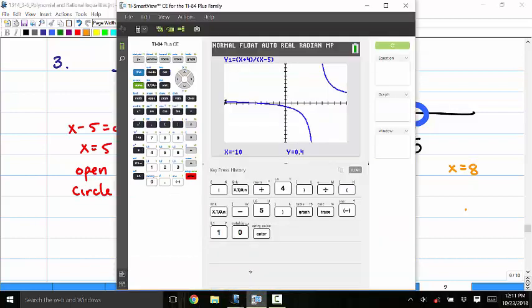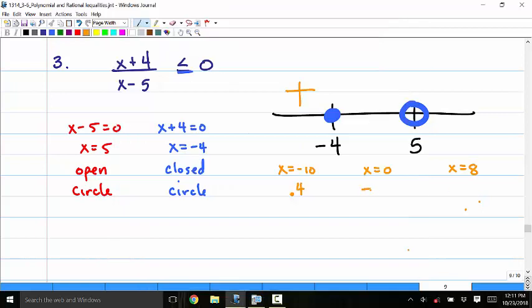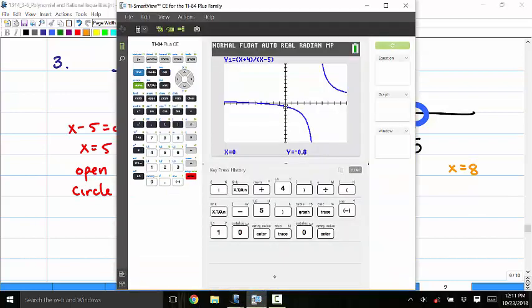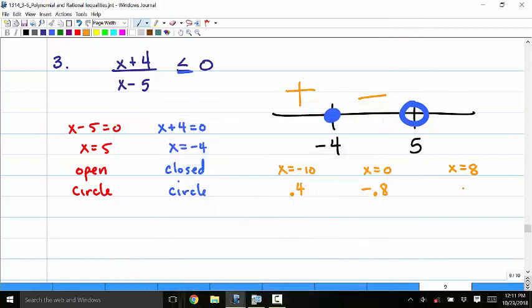If I type in 0 for x, so trace 0, when x is 0, y is negative 0.8. I'm going to put a negative on that piece. And last, when x is 8, trace 8, enter. When x is 8, y is 4. So that's a positive.